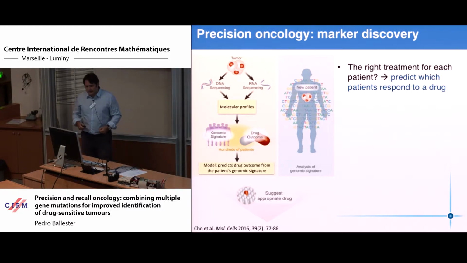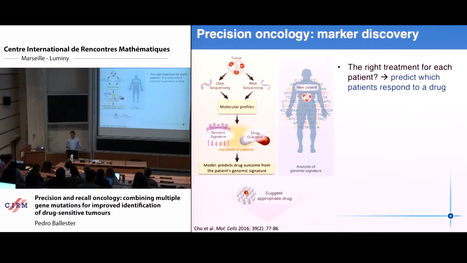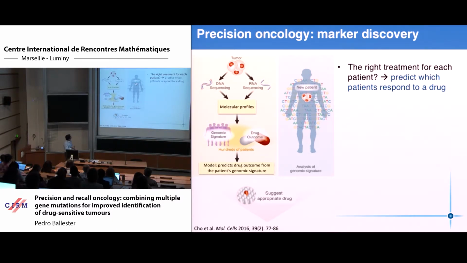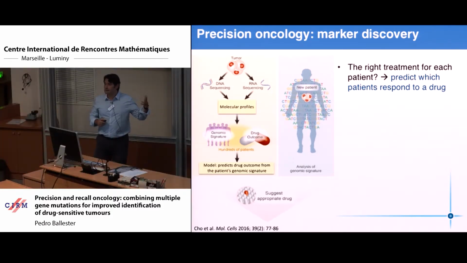As you may know, precision oncology is about finding the right treatment for each patient, and that has a component of prediction. How do we predict which patient responds to a drug? Here you will see a usual workflow in this modeling.